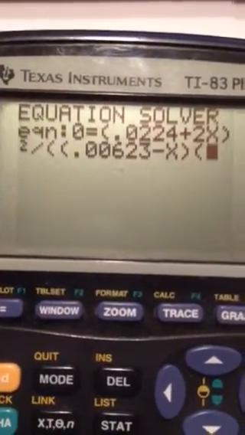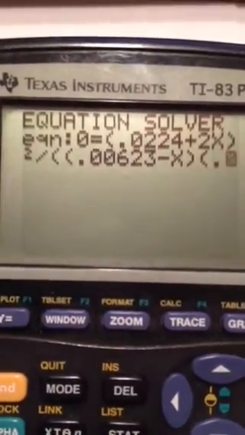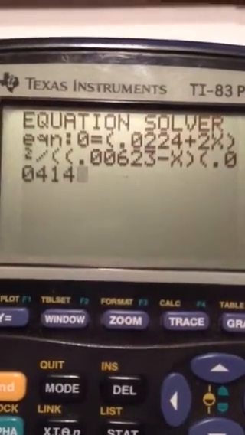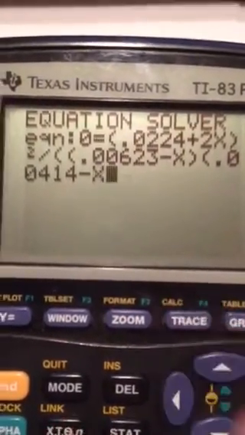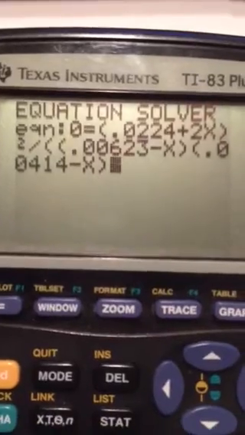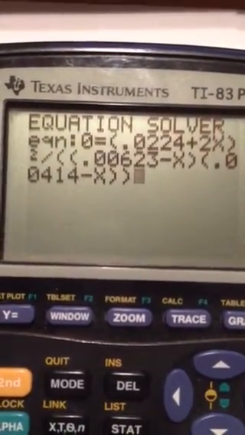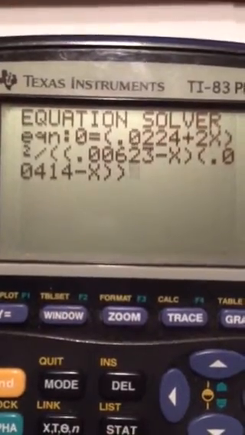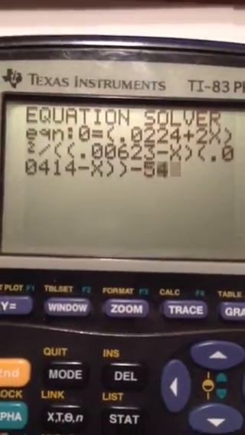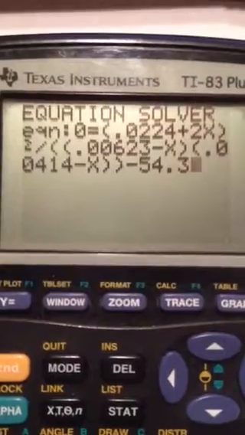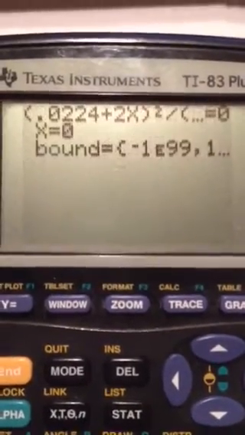Now the next term, 0.00414 minus x, close parentheses for that term, and another parentheses to close the entire term for the denominator, and then minus 54.3.